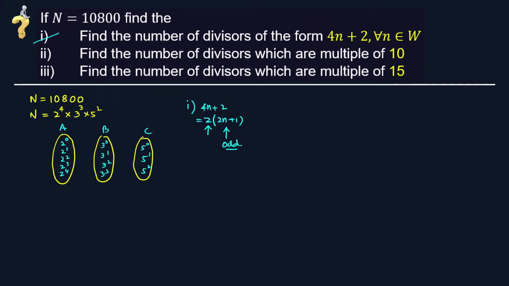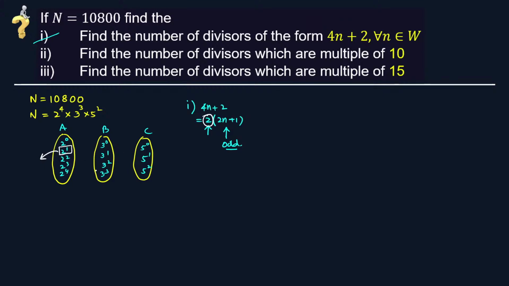Now I need only 1 two. So from set A, I am going to select only this one, because I need only 1 two, not 2 twos or 3 twos. No, I don't want that. I want only 1 two. So that 1 two can be selected from this element, because if this element is selected, only 1 two is selected.